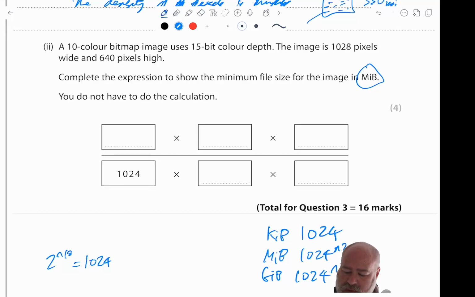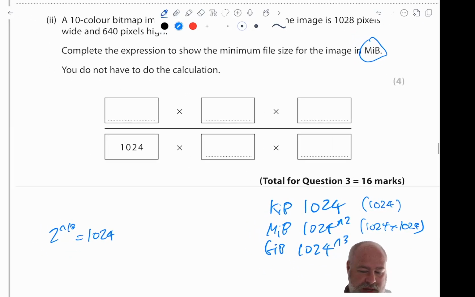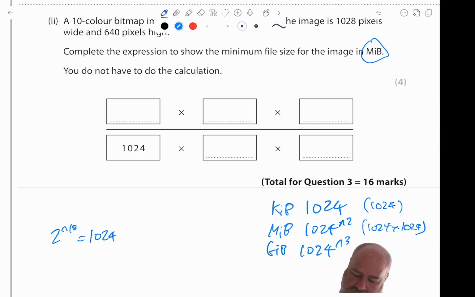Memorize that, and then 1024 times 1024 is another way of saying it. So if we times 1024 by 1024, that's going to give us our megabyte.